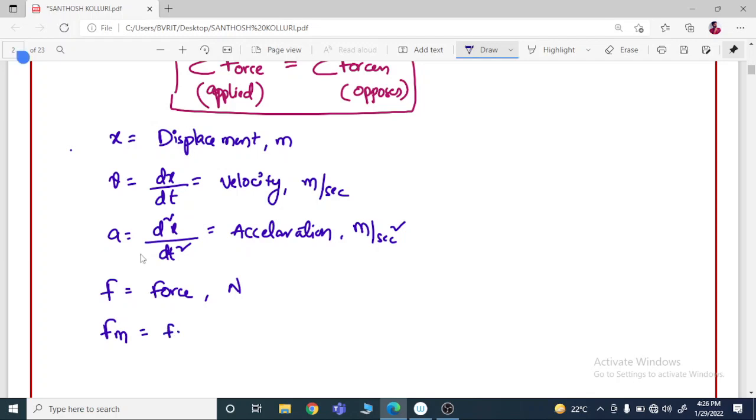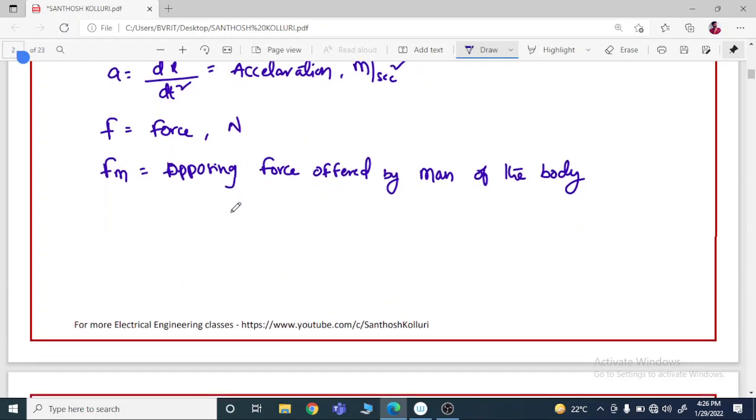F of m is the opposing force offered by the mass of the body, F of B is the opposing force offered by the dashpot, and F of K is the opposing force offered by the spring constant.